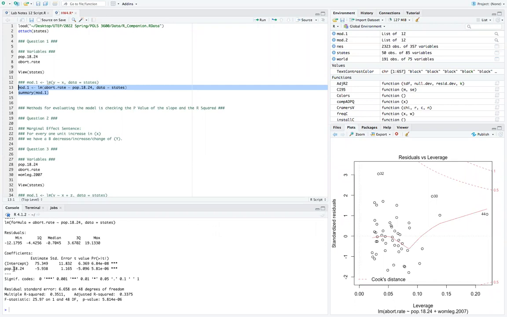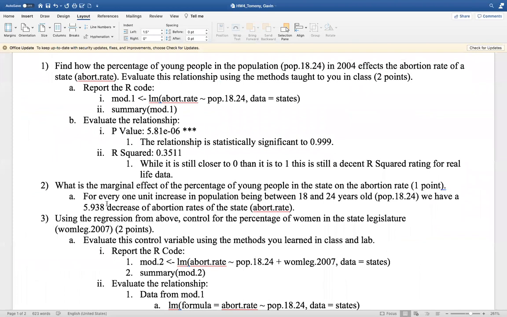So as population, our independent variable, raises 1 point, it causes a negative 5.938 point change on the dependent variable. And that's how you're writing it out in one sentence.